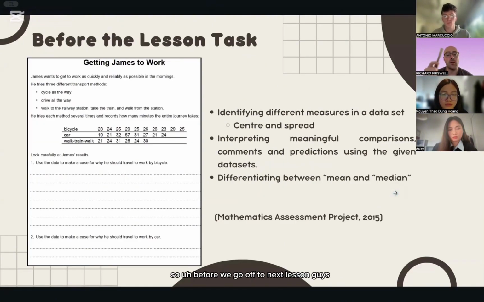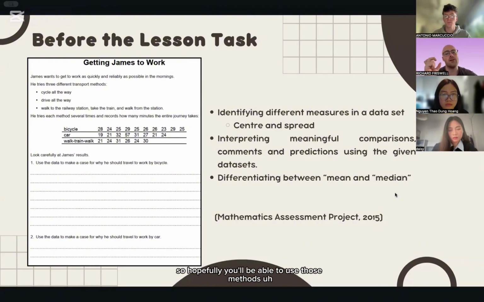So before we go off to next lesson, guys, we're going to be doing a bit of a practice task at home. This is going to be using the Getting James to Work worksheet. With this, we'll need to look at the data sets we're presented with and the different methods he can take to work.